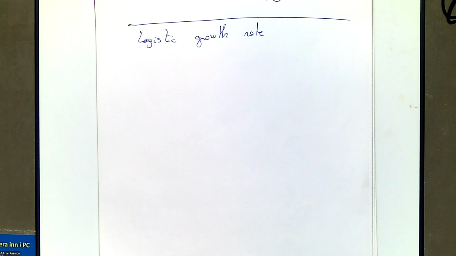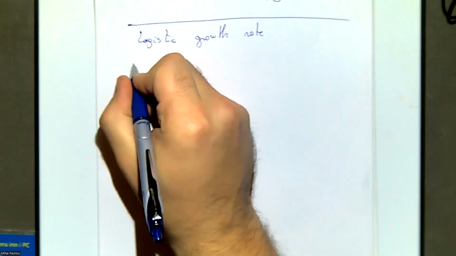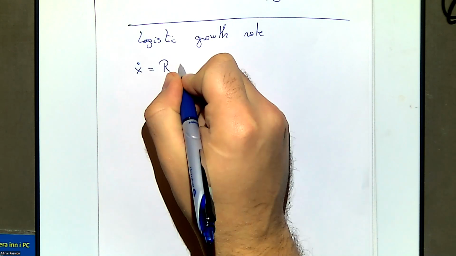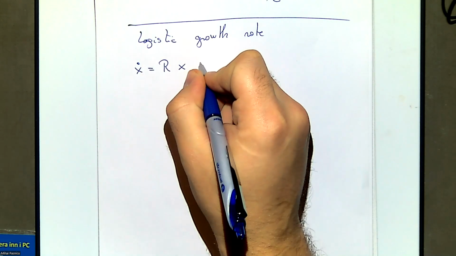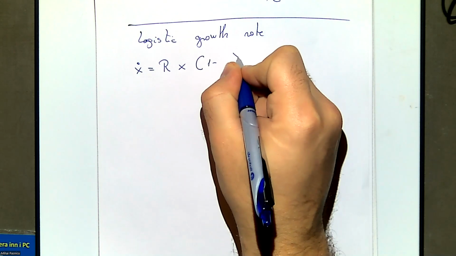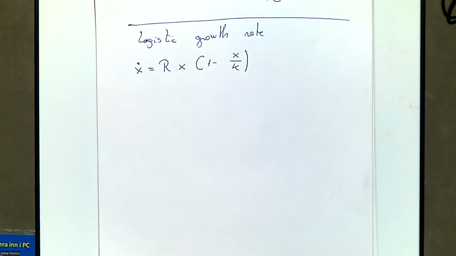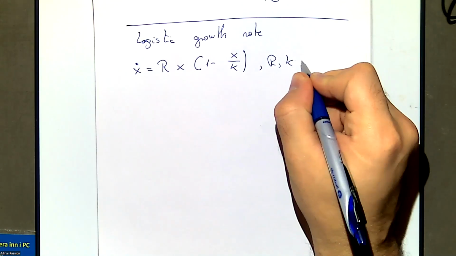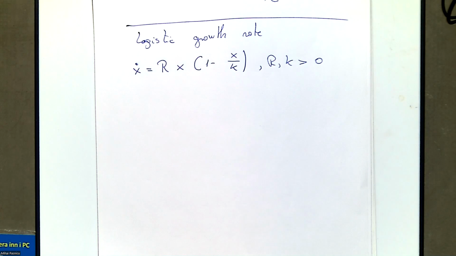And I think, wait, the example is x dot is equal to r times x times 1 minus x over k, where they tell you that r and k are positive numbers. Okay, this is what's called the logistic growth.